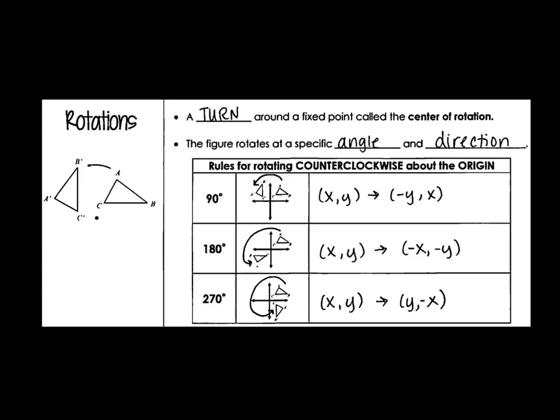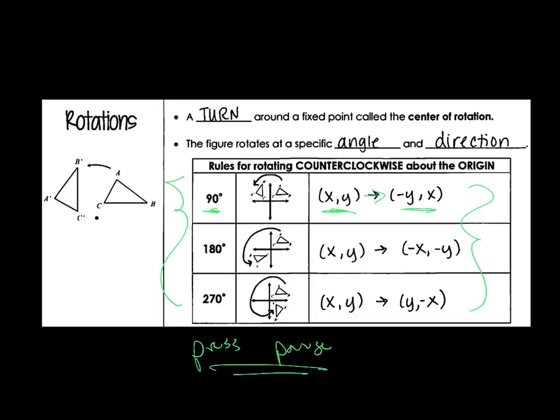Now that we have our graphic organizer, let's press pause, go back to the beginning of our notes, and fill in all this information so that we have this in two places. For 90-degree rotations, XY gets mapped to the opposite of Y, X. They switch spots and Y changes the sign.